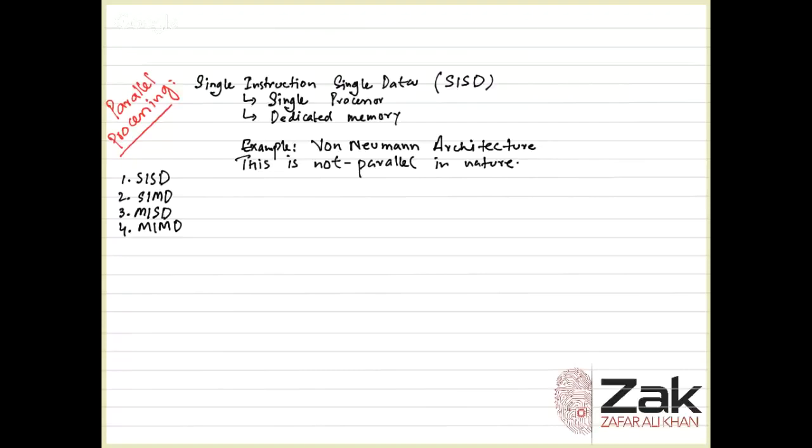And then single instruction, multiple data. One same instruction is being provided with different sets of data. How do we look into it? Let's see. Single instruction, multiple data means we are talking about multiple ALUs.